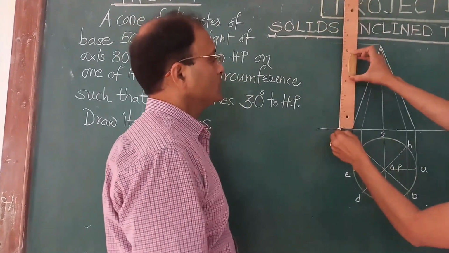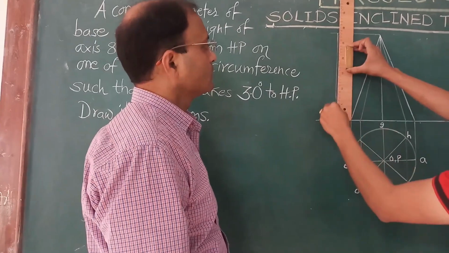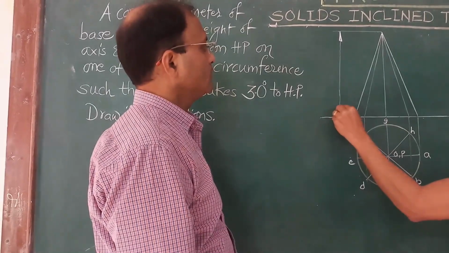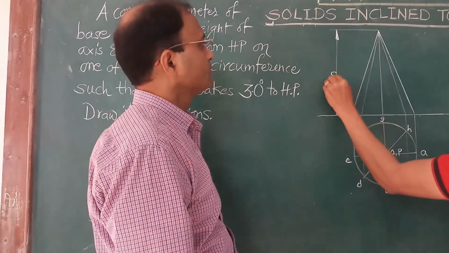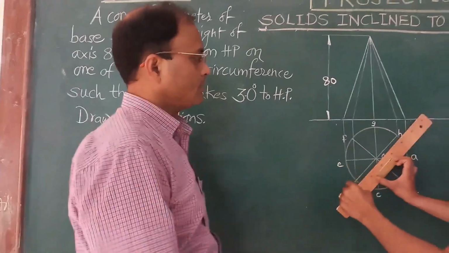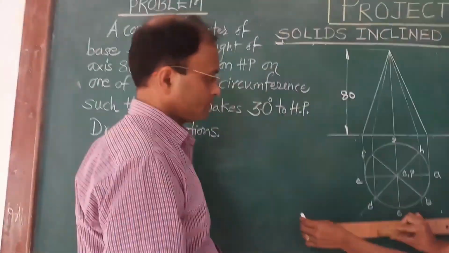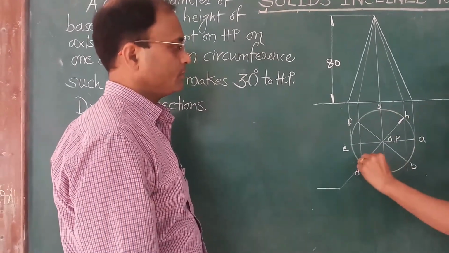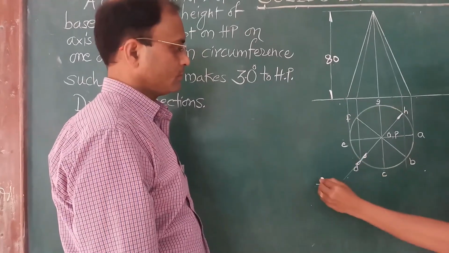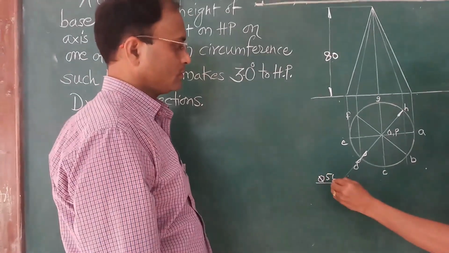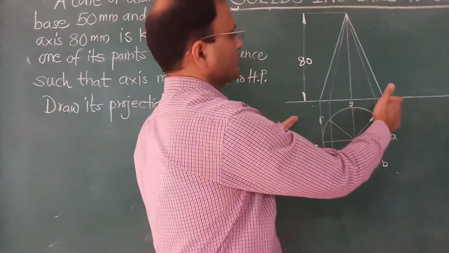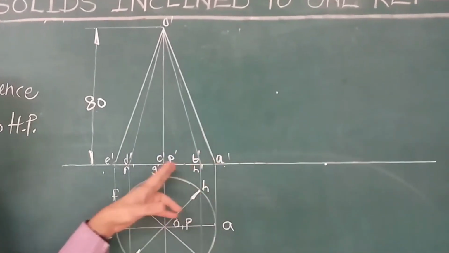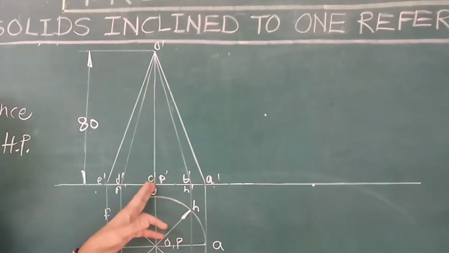Name these points in front view. This is height, which is equal to 80 mm, and diameter of base circle as 50 mm. So in the elevation we have to name the points. So with this we have completed the front view by naming all the points of base, apex and axis.